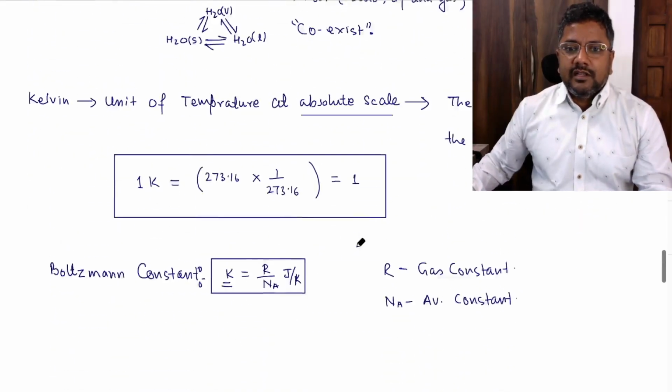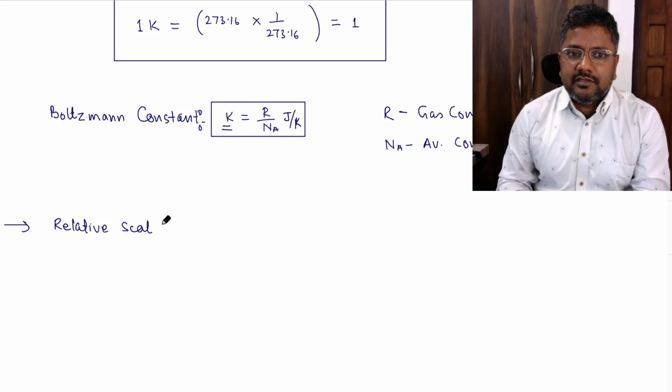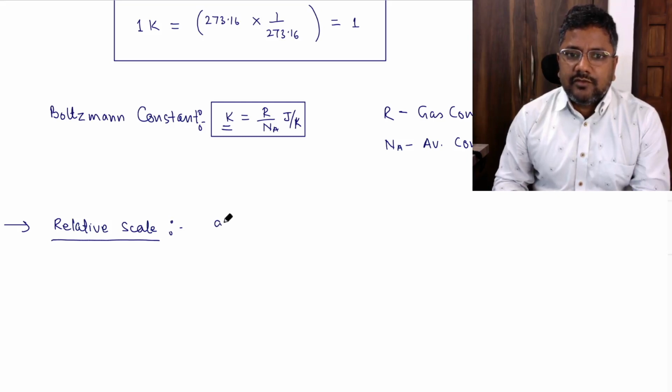Okay. Now other scales, they are called relative scales. Relative scales, we have. First is degree Celsius scale.